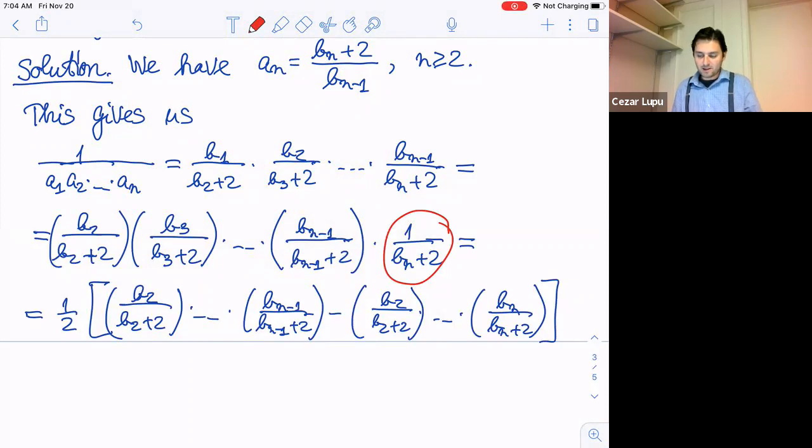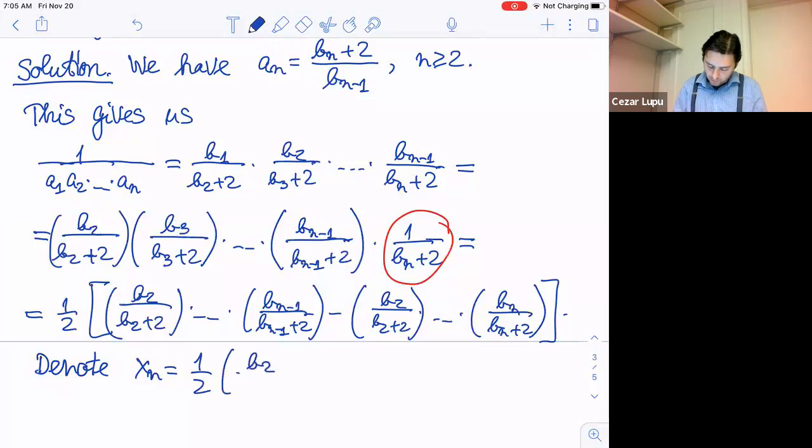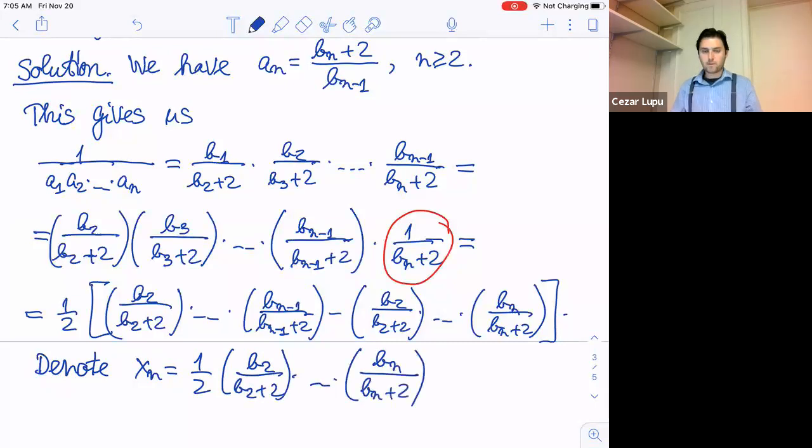So now let me just clear up the notation a bit. Let's denote by xn this product all the way to n, so 1/2 times B2 over B2 plus 2 times Bn over Bn plus 2, right?